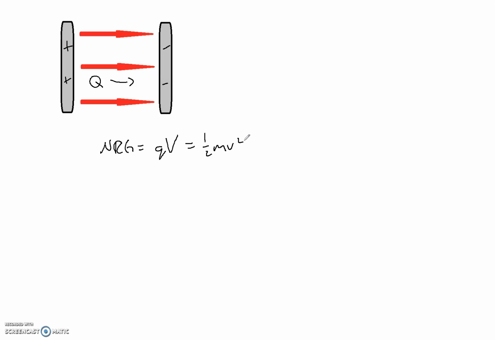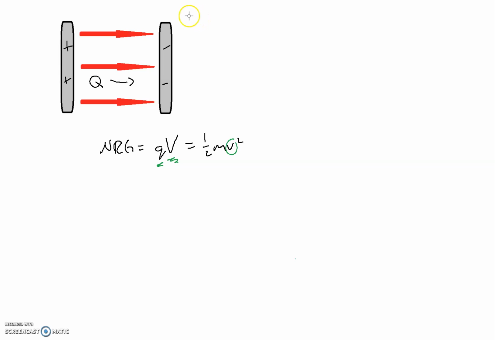And just by doing that, it's kind of cool, because you can see that how fast the charge ends up going depends on the Q value as well as the voltage. It has nothing to do with how far it goes, because if these plates are hooked up to 100 volts, the charge doesn't change. It then dictates how fast it's going.